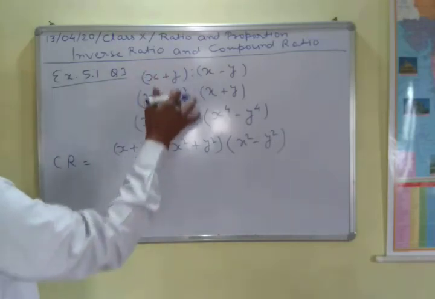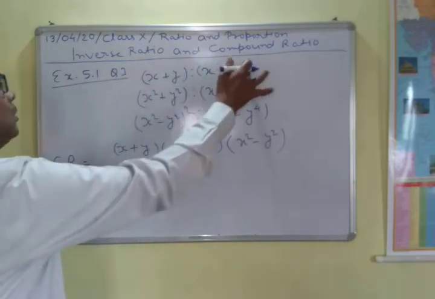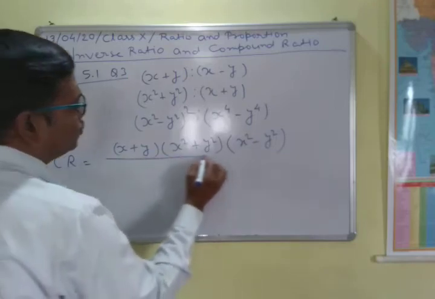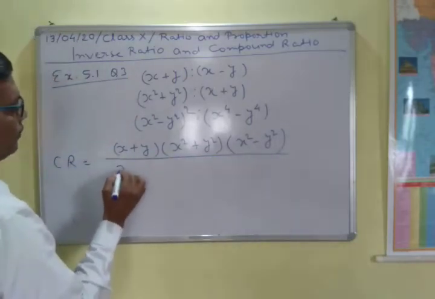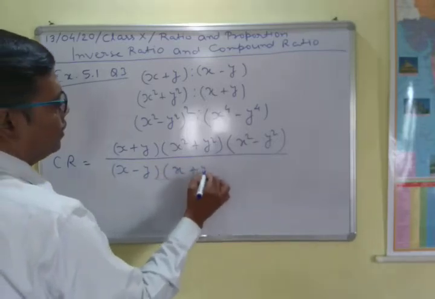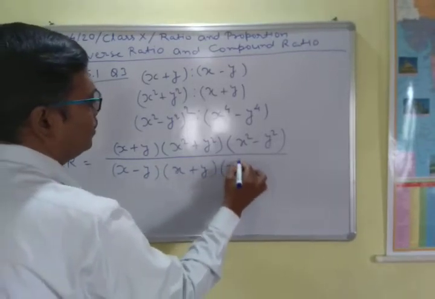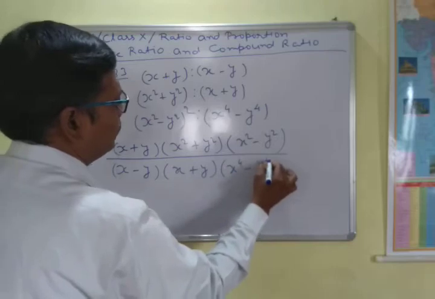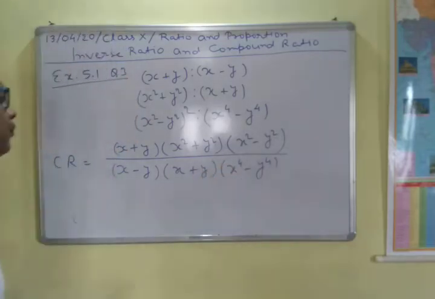Antecedents of these three ratios are this, and these are the consequents. So consequents will be in the denominator: x minus y, x plus y and x to the power 4 minus y to the power 4. Now here we have to cancel many factors, which can be cancelled here.